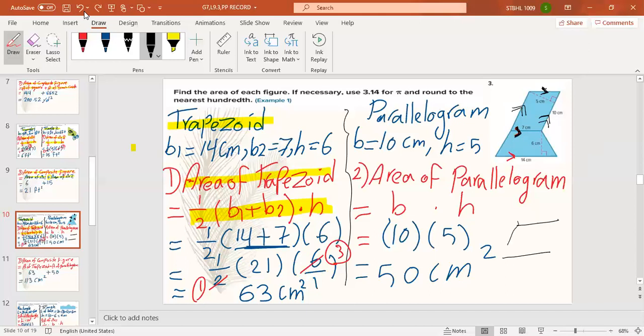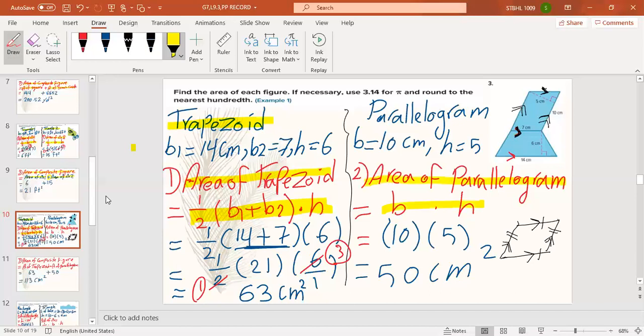These are parallel and equal in length. These two sides also are parallel and equal in length. And the area of a parallelogram equals base times height.